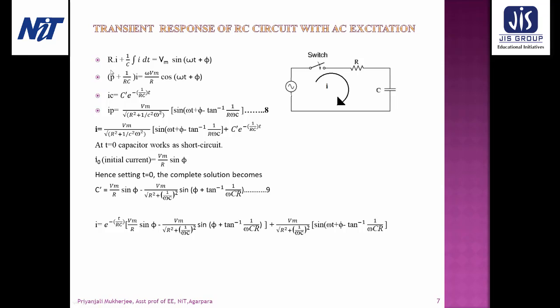And here also we can write down the differential equation in this form, that is P plus 1 by RC into I, that is equal to omega Vm by R into cos omega t plus phi.